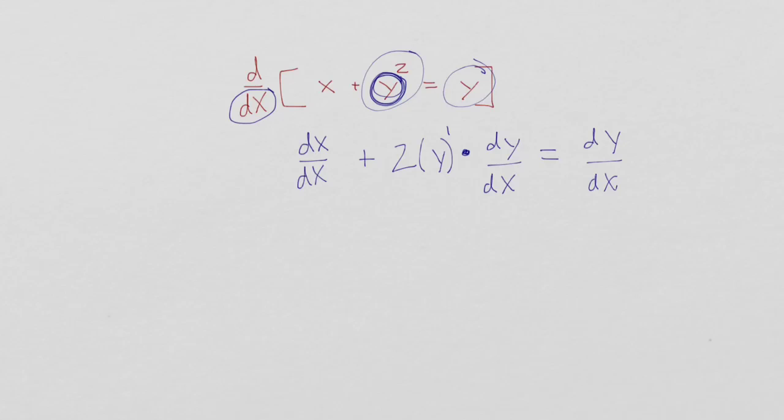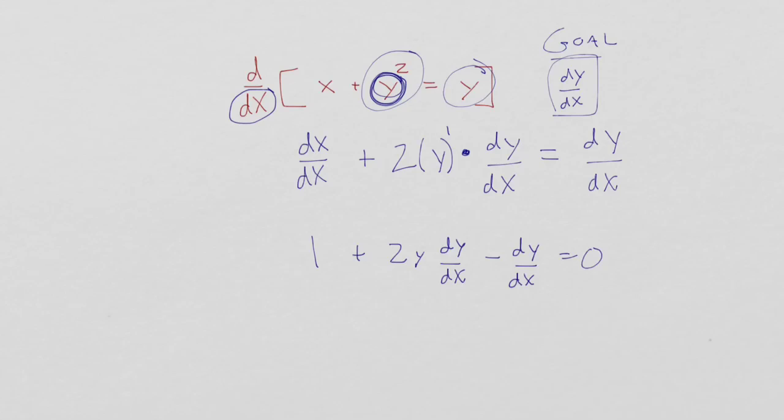So at this point, again, the goal is to solve for dy over dx. We want to isolate dy over dx. So I'm going to pull all of the dy dx terms onto one side of the equal sign and factor them out. So I've subtracted this guy over to the left-hand side of the equal sign, and I want to get rid of this 1 by moving it over to the other side.